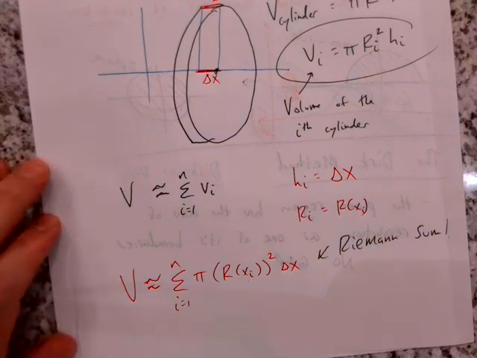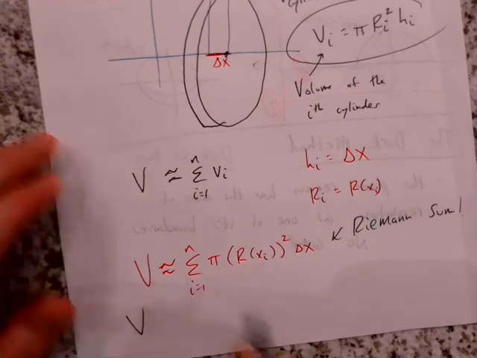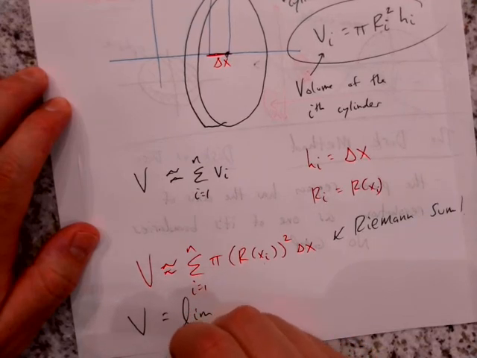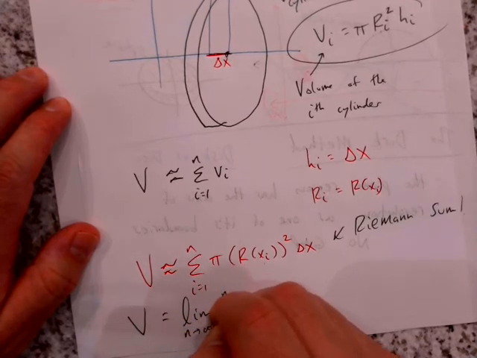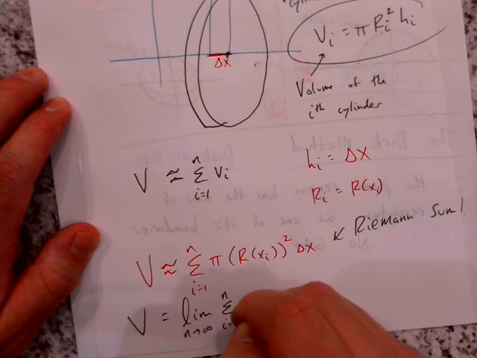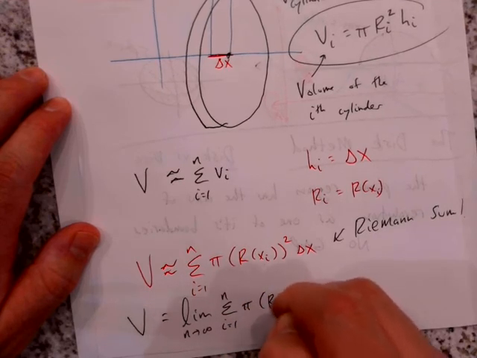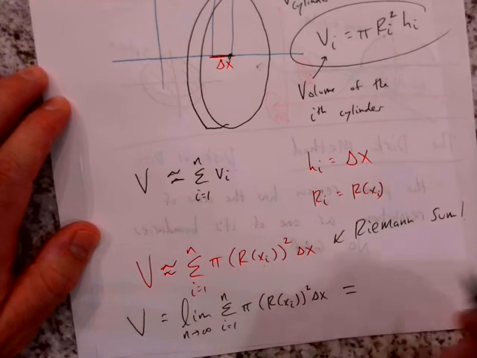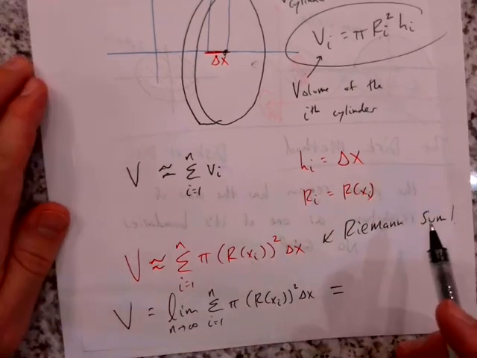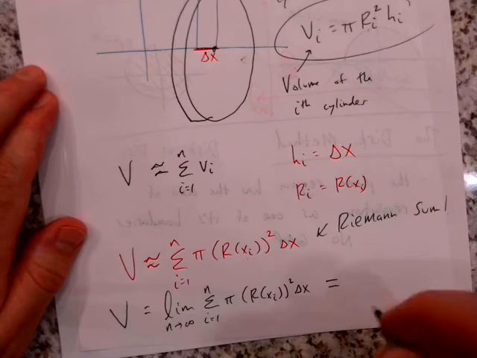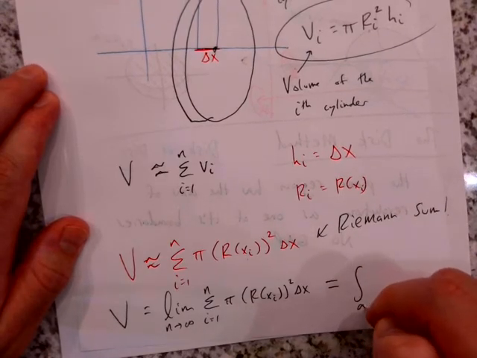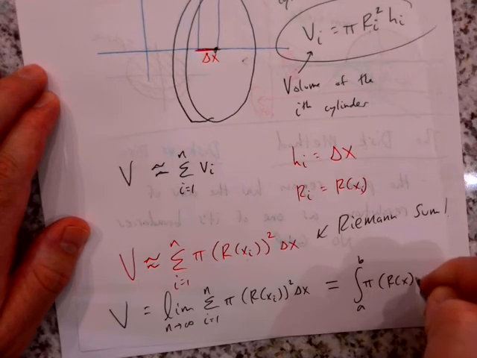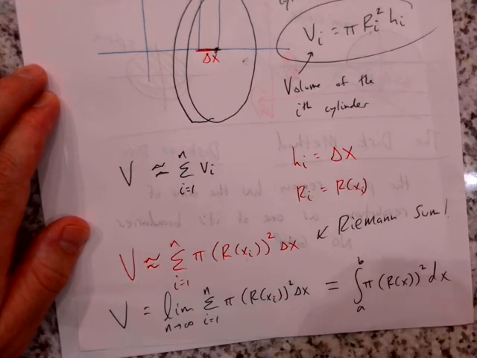Which means that the true volume, which is the limit as n goes to infinity of this sum, we can express this as a definite integral, because Riemann sums turn into definite integrals. And it's the integral from a to b of pi R of x squared dx.